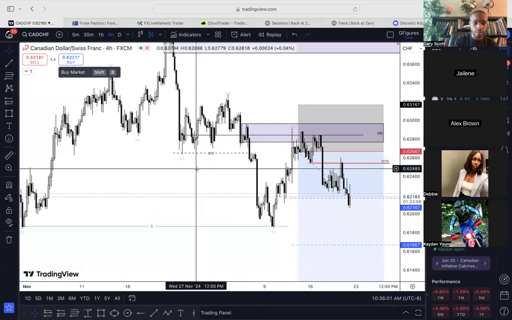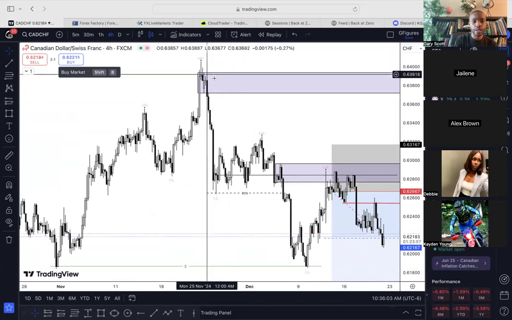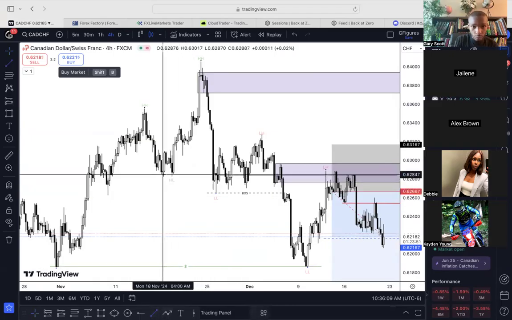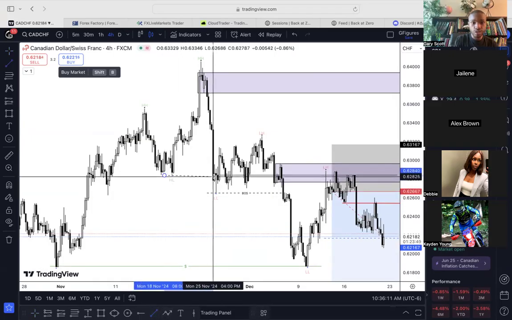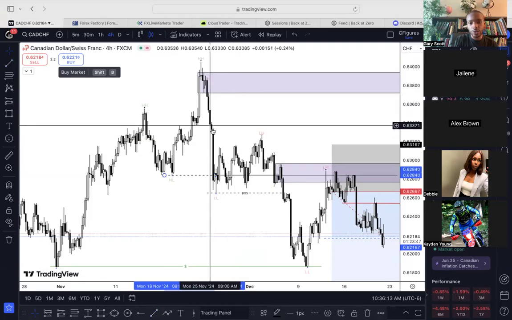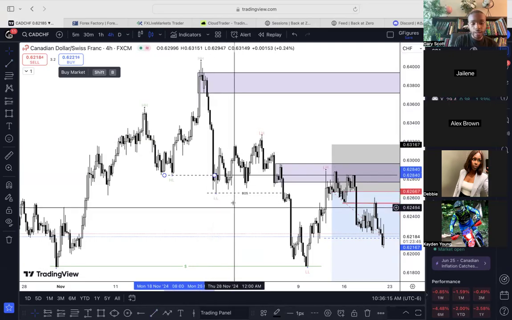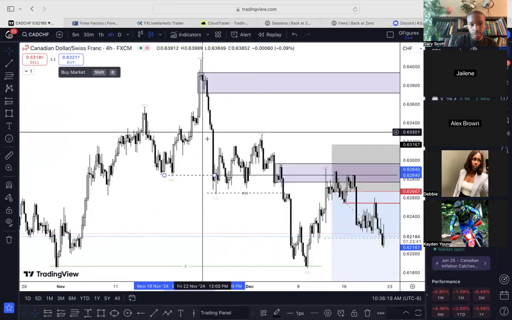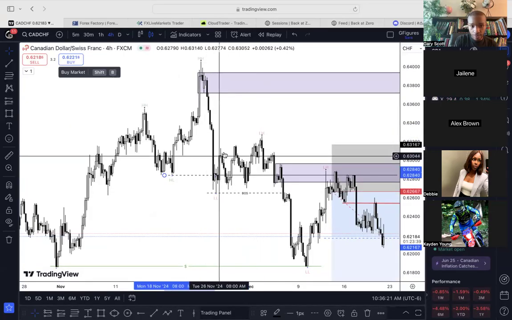So what we end up getting is a high that was created. This higher low is broken. Remember, when higher lows are broken, we want to see price retest back to an area of value on the back end. So when price created this new low, it retested back up to this level of a fair value gap.